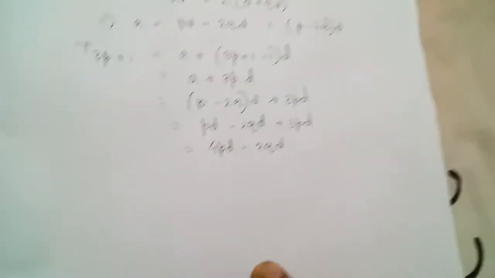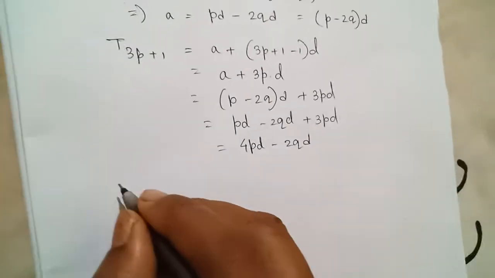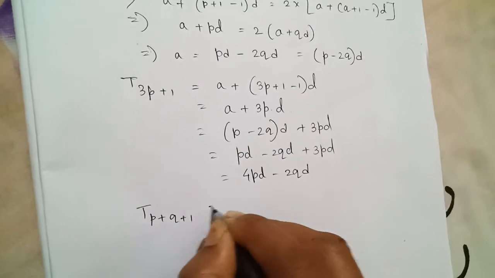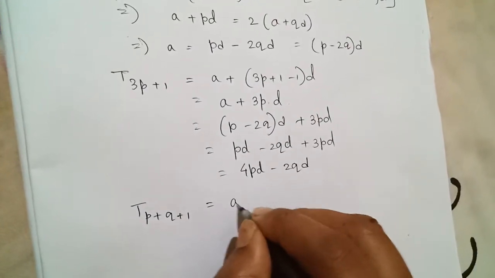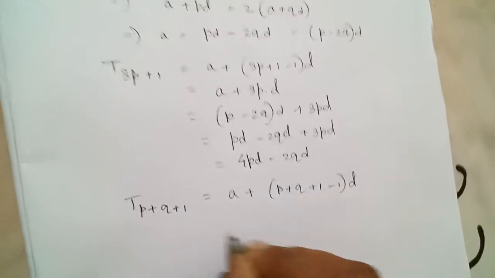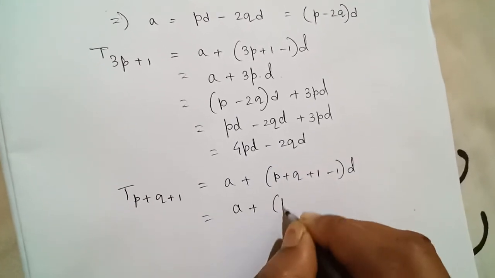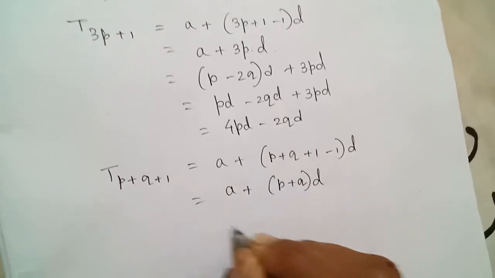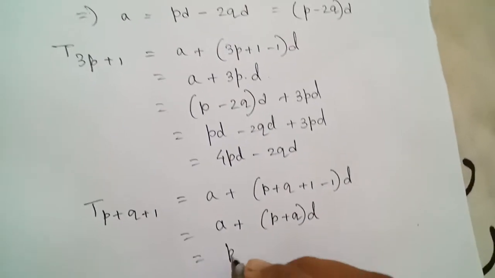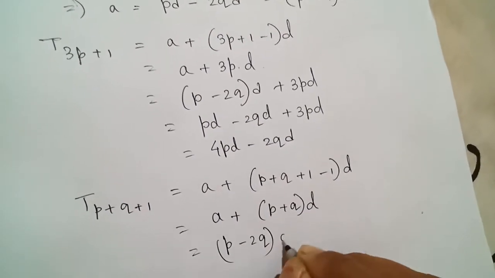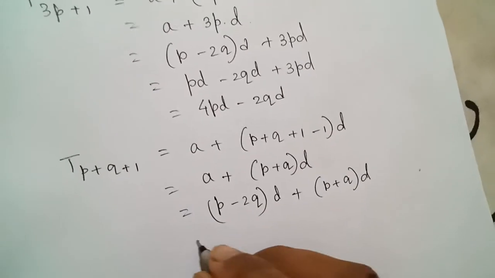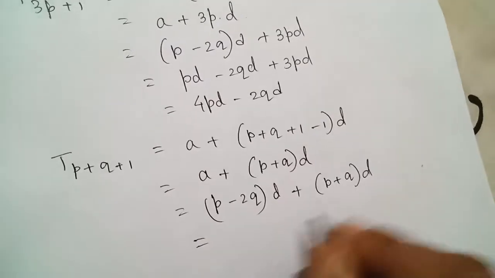Okay, so we can keep it like this, and then we can find T of P plus Q plus 1, which equals A plus P plus Q plus 1 minus 1 into D. It equals A plus P plus Q into D. Again we put A's value, P minus 2Q into D plus P plus Q into D. So we can take D as common.